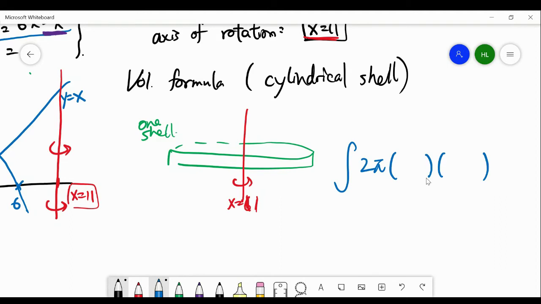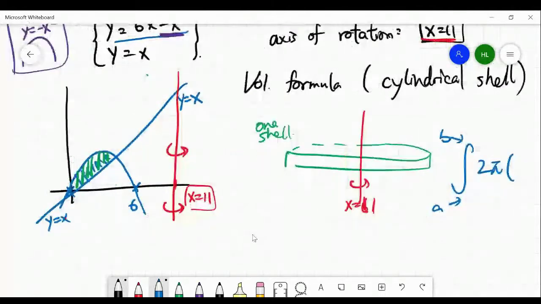So the concept to get the exact volume formula should be close to how we got it if we imagine that it is actually a y-axis rotation. In that case, for this problem, it is still a dx integration, because for y-axis rotation we usually just do a dx integration. And let's look at the meaning of A and B. A and B now should follow the axis because it's a dx integration.